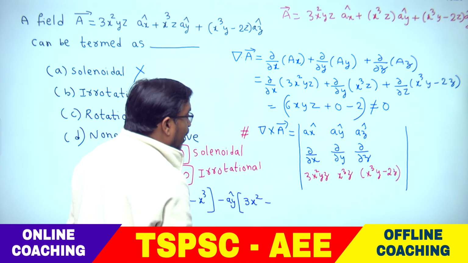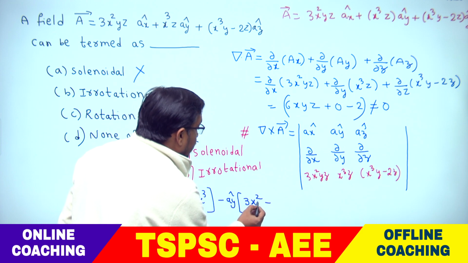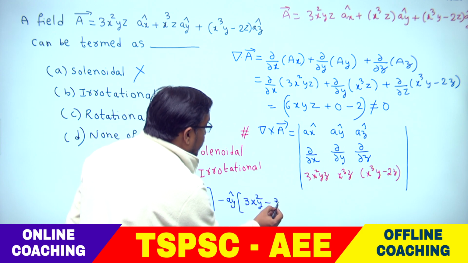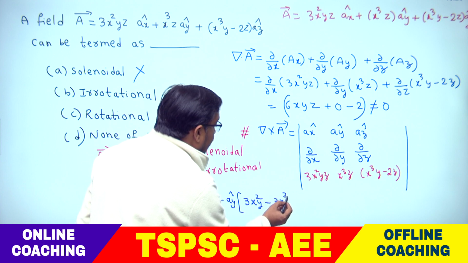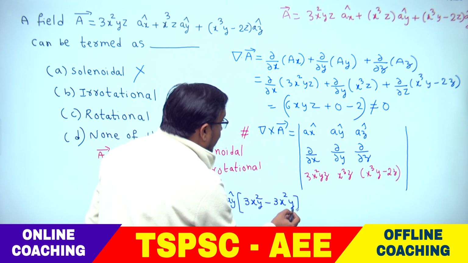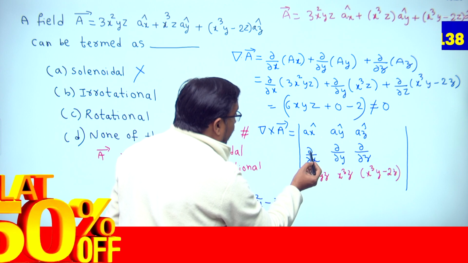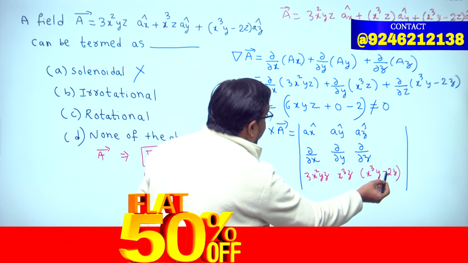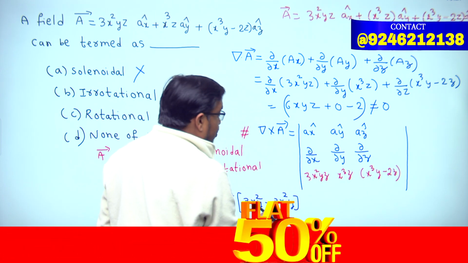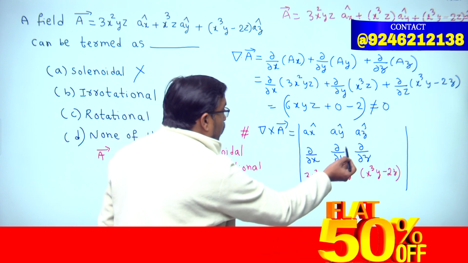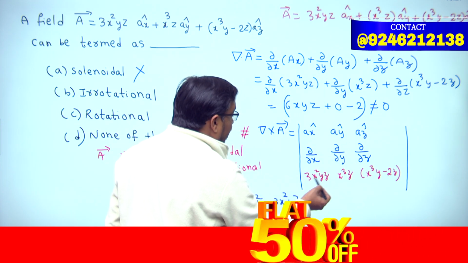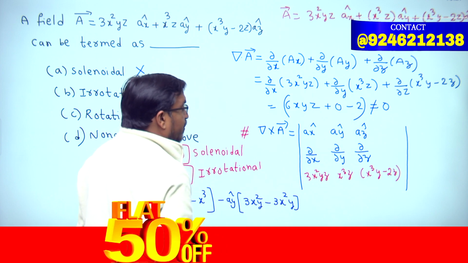So, here also it is 3x²y. See here, y cap: ∂/∂x of x³y − 2z is 3x²y, minus ∂/∂z of 3x²yz, that is 3x²y.